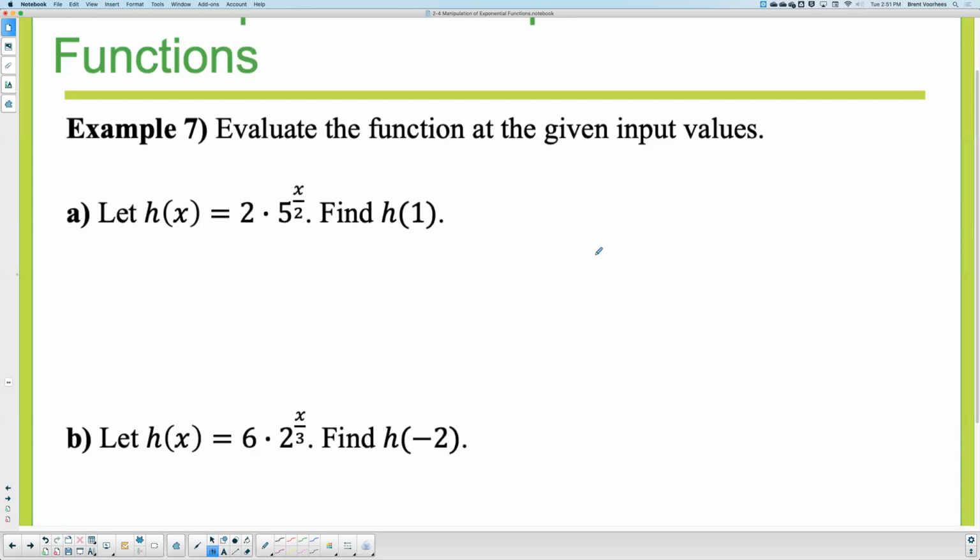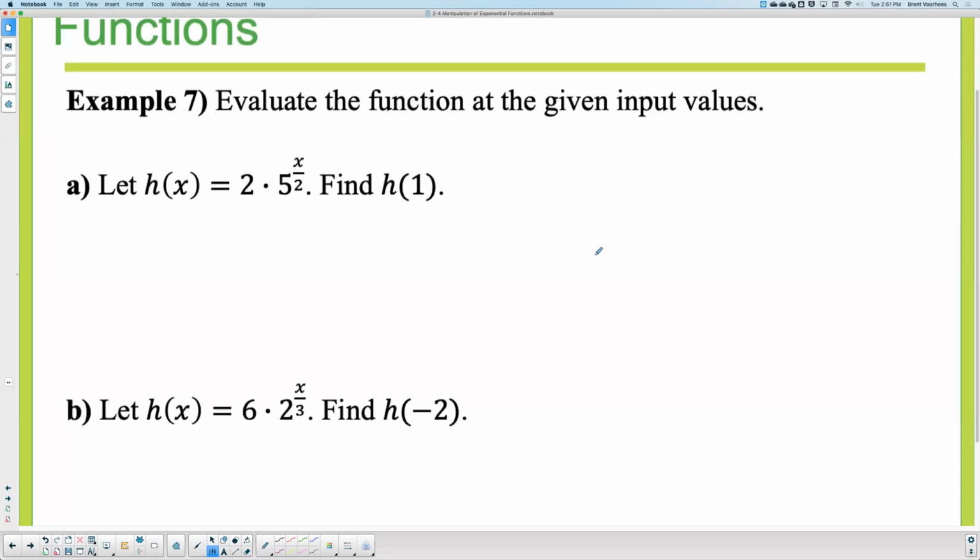All right, let's finish up with example 7 here. Finding the values at particular points. I want to make sure you haven't gotten too far that you forgot. What do I do if I just have a value to plug in? What would I do if it says h of 1? You substitute 1 in. So it'd be 2 times 5 to the 1/2. What's it mean if you have a fraction power? What do you do with the fraction exponent?